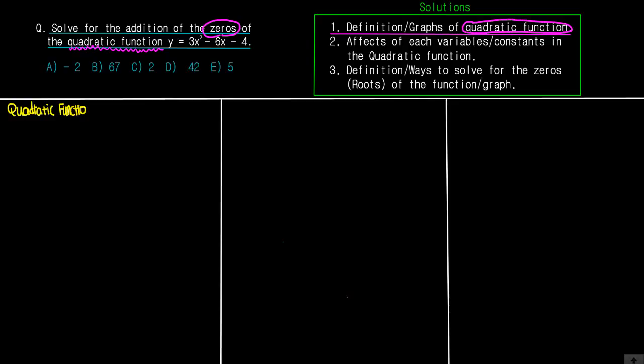If you think about quadratic functions, we can think about their basic format. The quadratic function's basic format is y, or f of x, equals ax squared plus bx plus c.